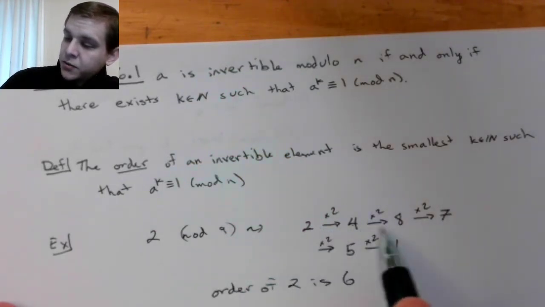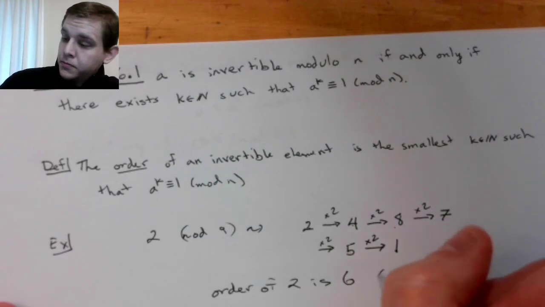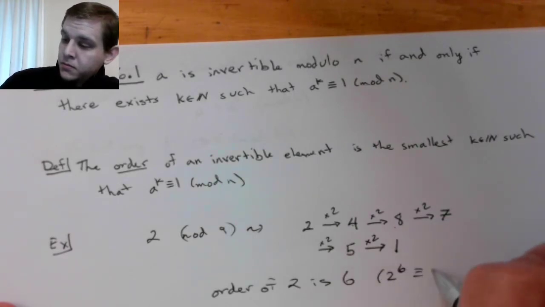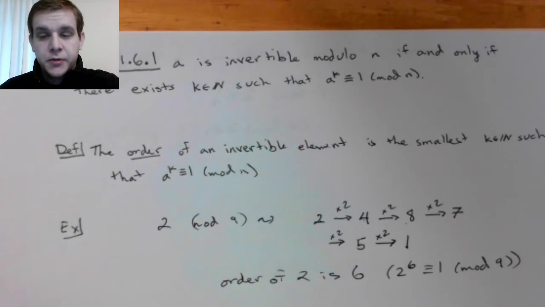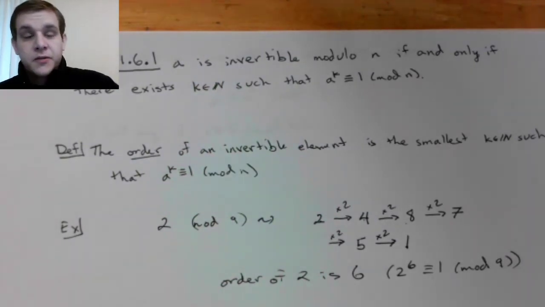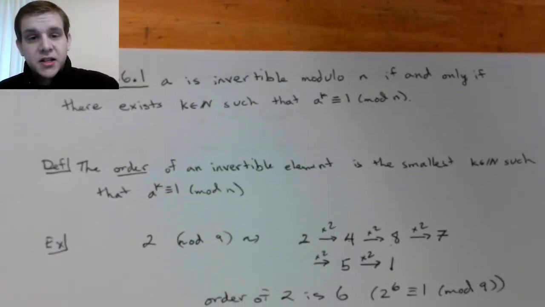Since none of these are congruent to 1, but when I take 2 to the sixth, I finally get to 1. 2 to the 6th is 64. So 64 is 63, which is 7 times 9, plus 1. So that's the content of this theorem.